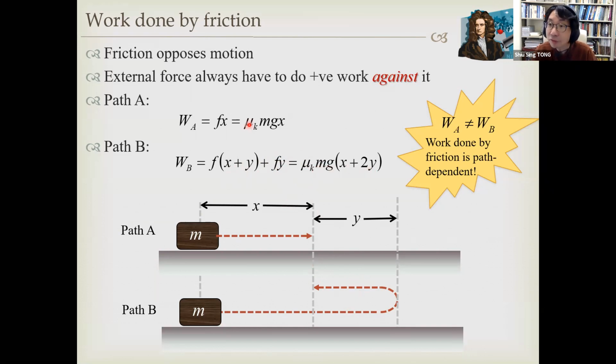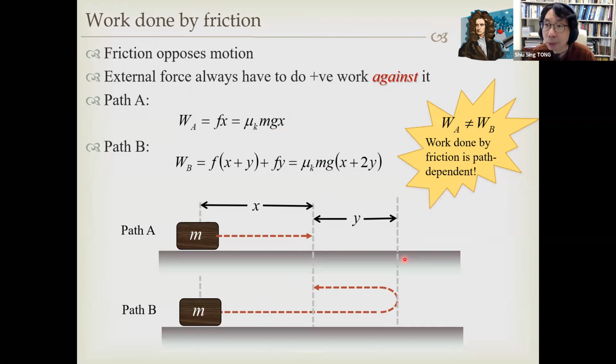But of course, this is different from the first case. For the first case, I move it directly to this position, and I got only mu_k mgx. But now when I move it to the final destination and move back, I get mu_k mg(x plus 2y). So the two work done are different. And that means if you are concerned about friction, such a dissipative force, the work done by the external force in going against friction is path dependent.